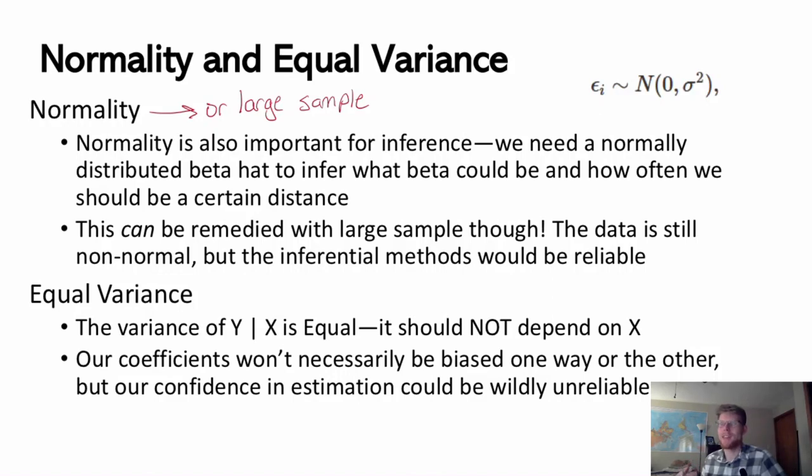That's the idea that the variance in the residuals is the same regardless of what predictor values we're plugging in, that I still have the same amount of variability, the same amount of error at any given set of predictors.